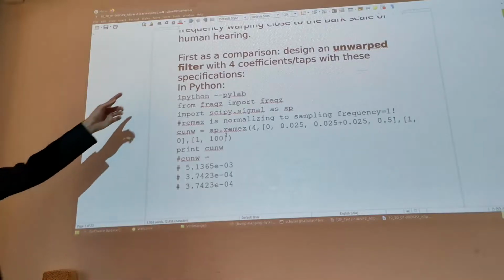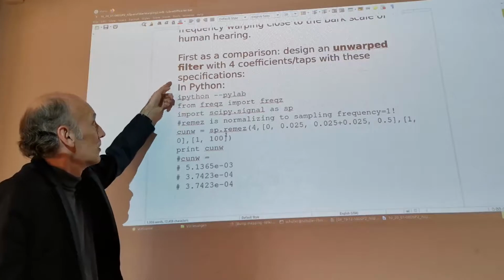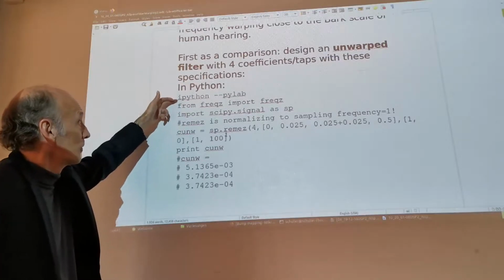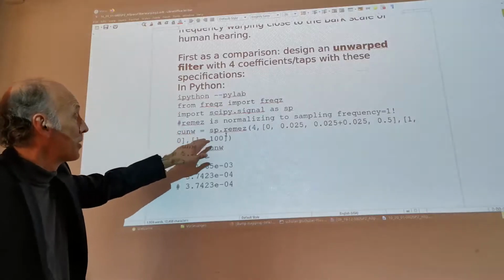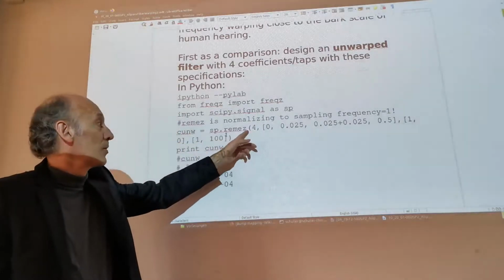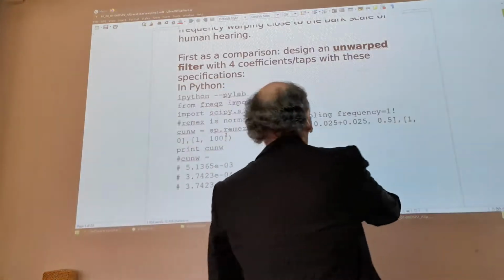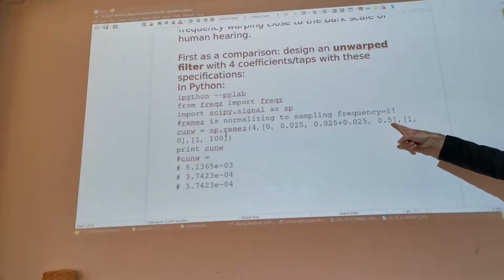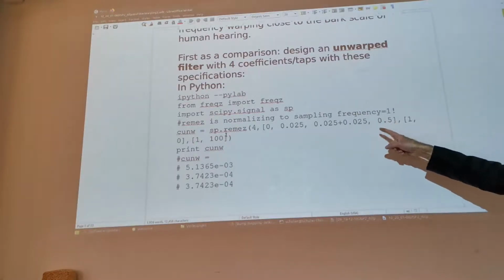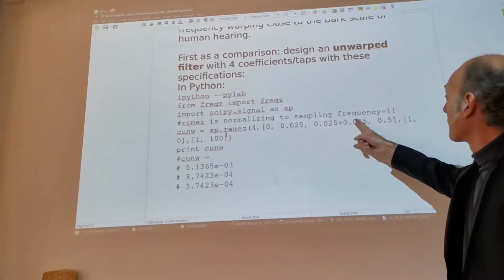So first, as a comparison, we design an unwarped filter with 4 coefficients or taps with these specifications. So here you can see it. I do it in Python, and I'm using Remez. Right, so I'm using 4 coefficients, and here is the band specification. So here is 0.5, which is Nyquist in this case. Here's the passband, and here's the stop band.